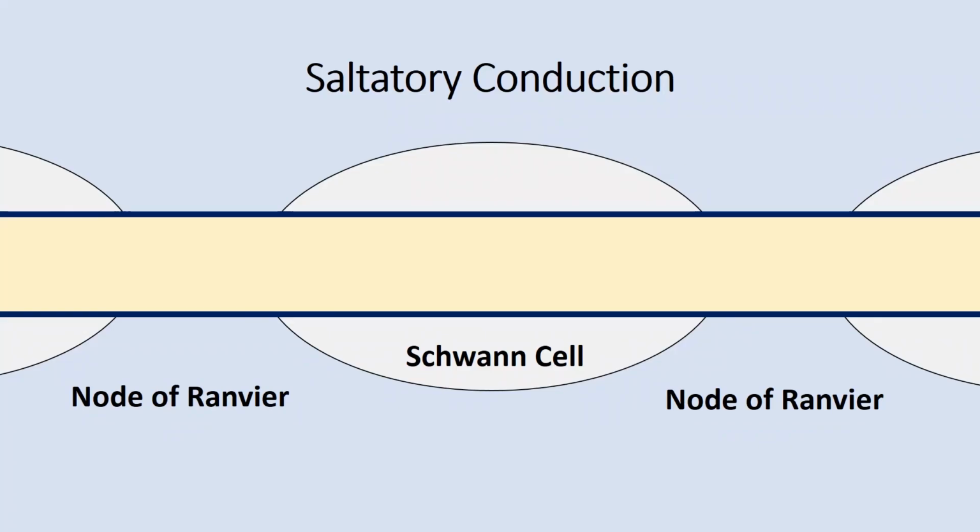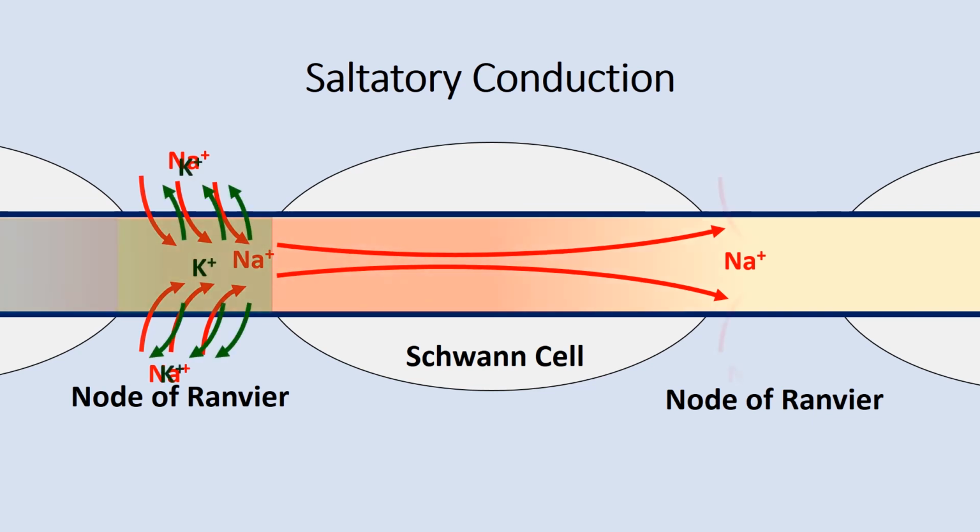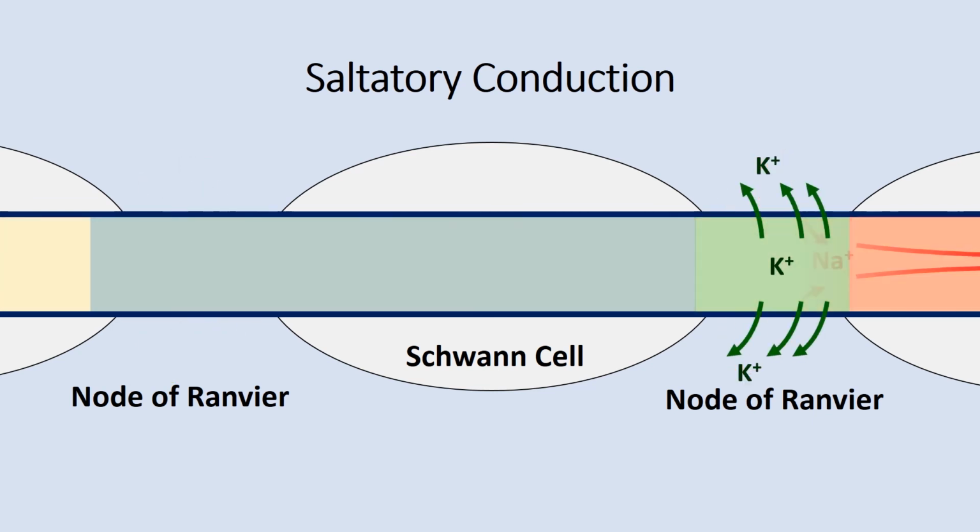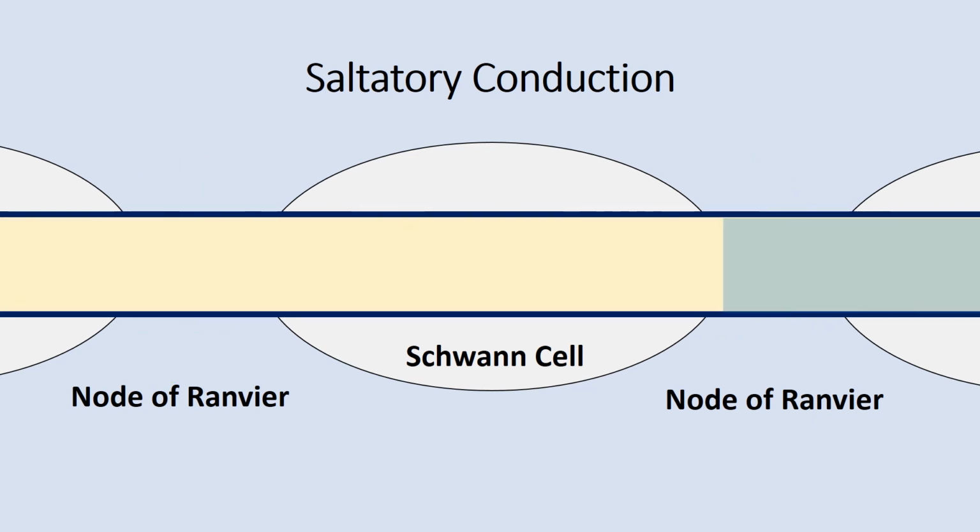In the case of myelinated axons, you instead have a process called saltatory conduction, in which those action potentials jump from node of Ranvier to node of Ranvier, leading to an increased rate of transport for that signal.